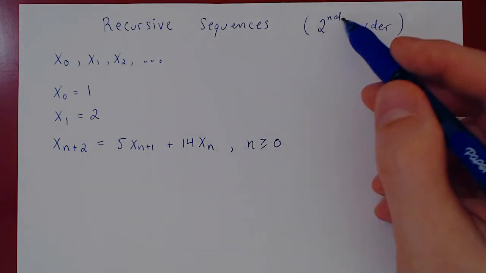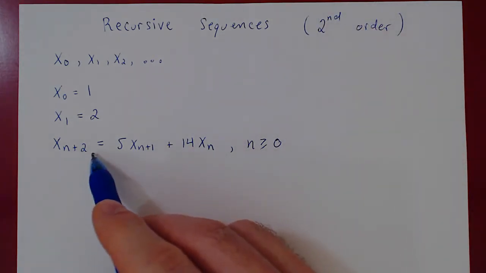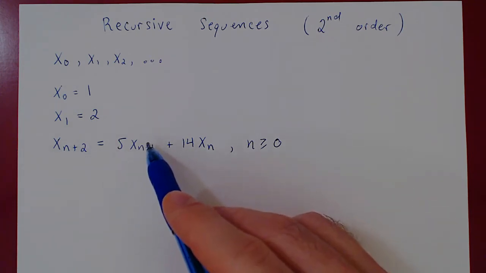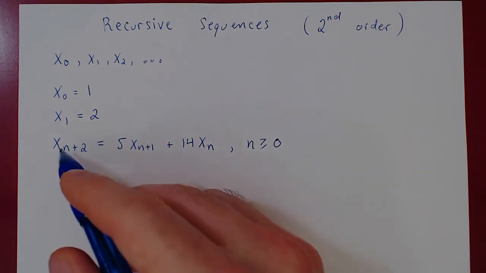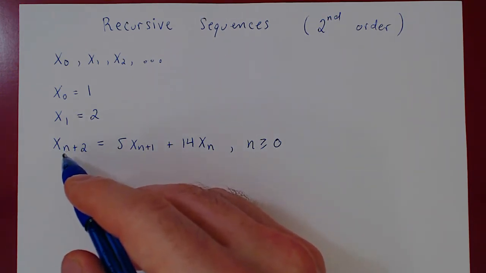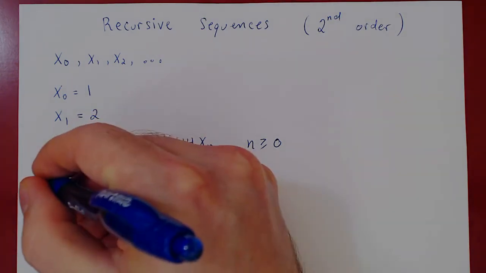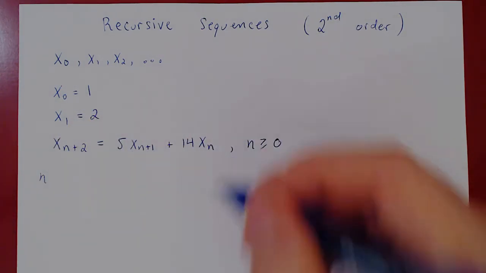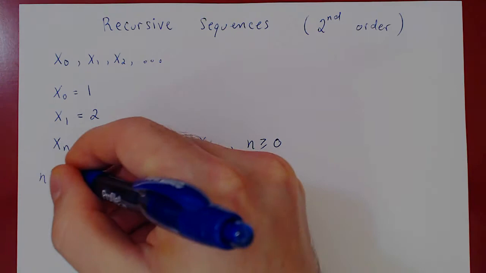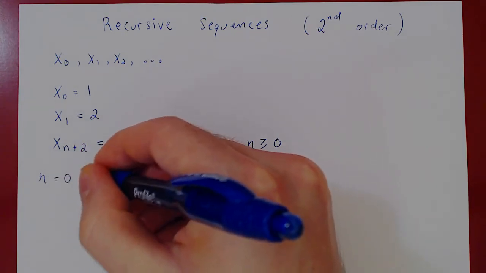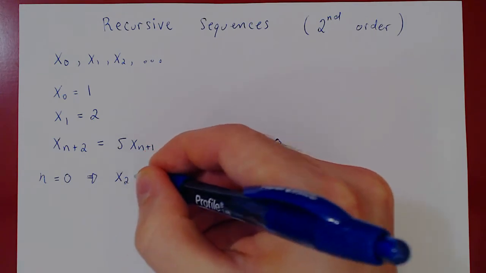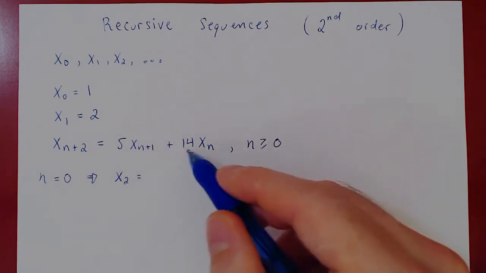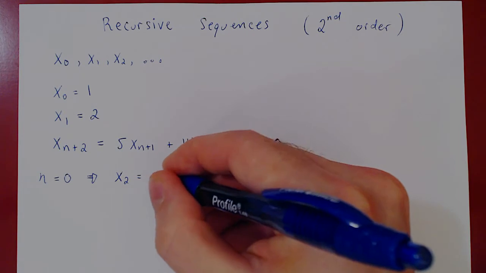And you see the second order is because the next term depends on the previous term and the term before that one. So if you want to find x2, that means n has to be 0. So set in the recursion n equals 0. And the implication is, well, x2 will be equal to 5x1 plus 14x0.